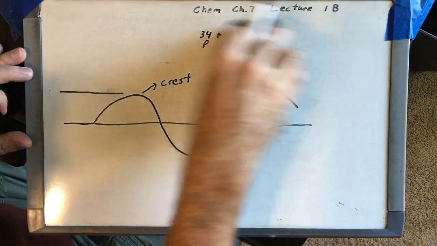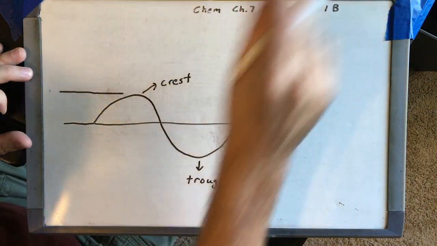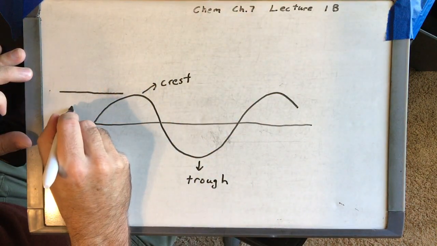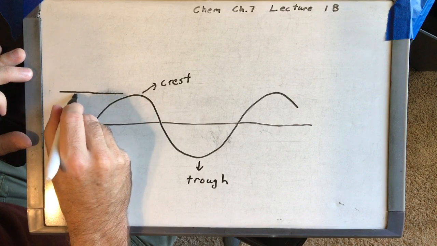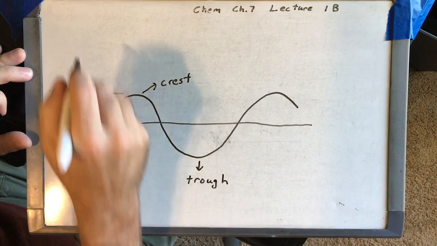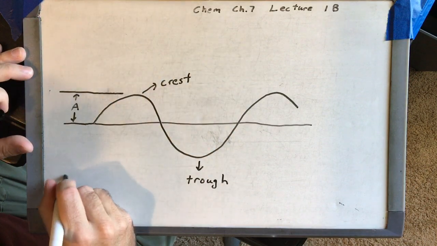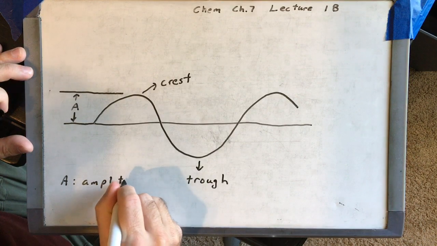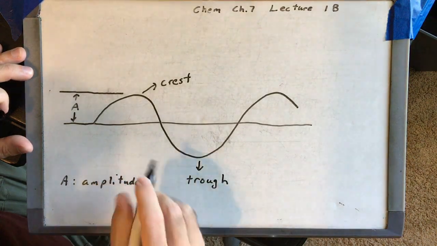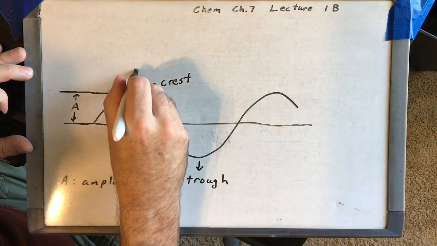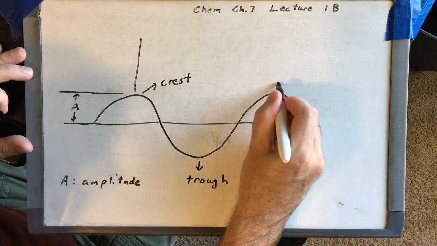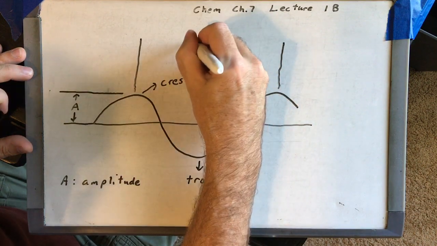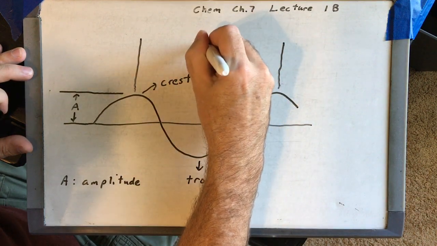The height from the center of the wave to the crest or the trough is called the amplitude. So A is the amplitude. The distance from crest to crest, or trough to trough, because it's the same, is called the wavelength.